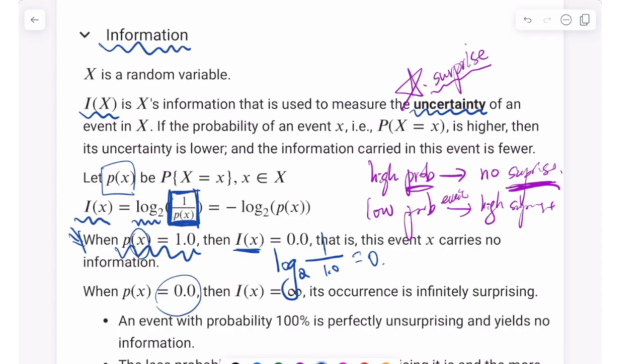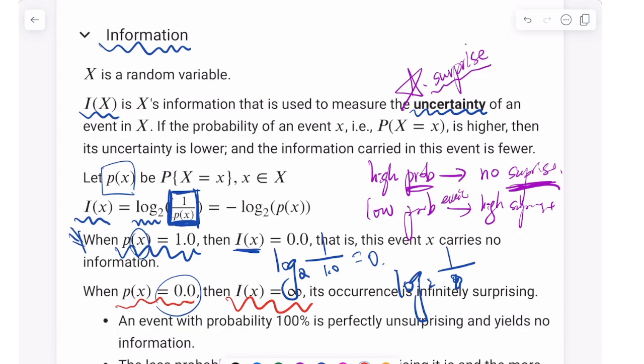If a certain variable's probability is 0, that is log 2 of 1 over 0. It is strange, right? But the value is plus infinity. That means the probability of the event is 0 and it never happens.